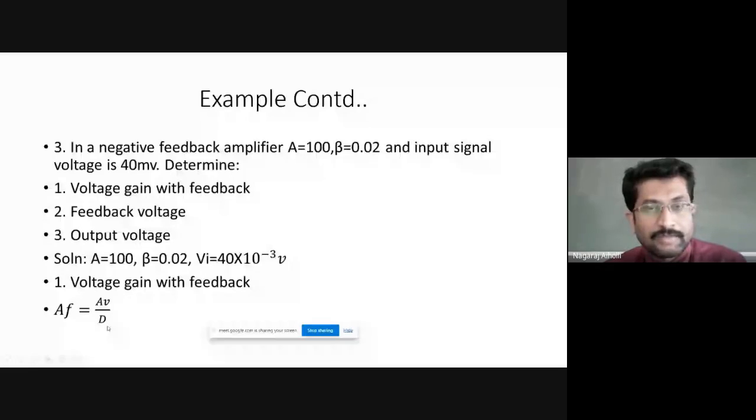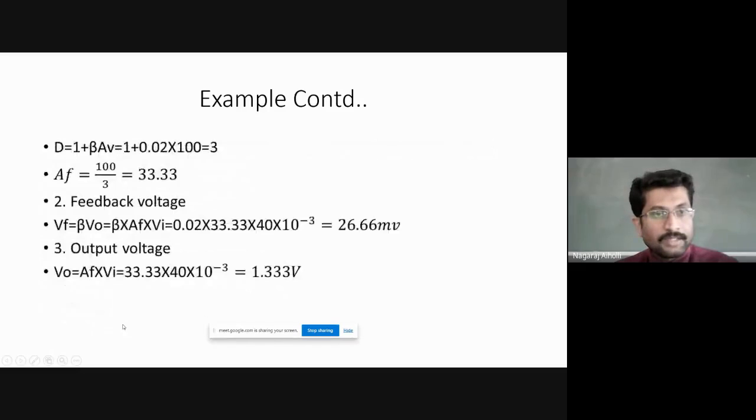We are very much familiar with this formula. That is AF is equal to A divided by 1 plus A beta, or AF is equal to AV divided by 1 plus AV beta. Note down this. D is 1 plus beta AV.